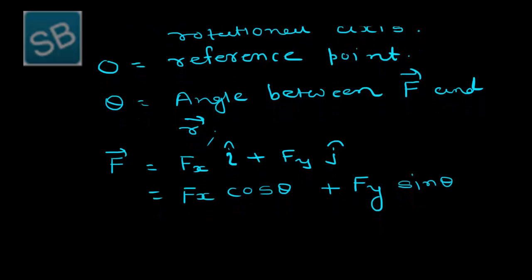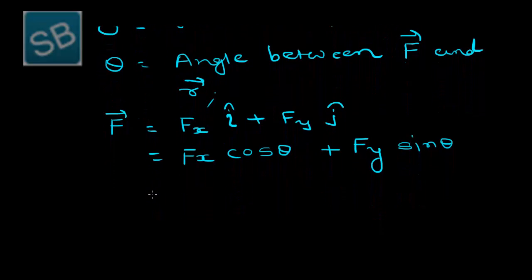But here the magnitude of force in x and y is the same, because in the rigid body the force acting on a particle and the force acting on the system of particles have the same values, because there is no change in the positions of particles.